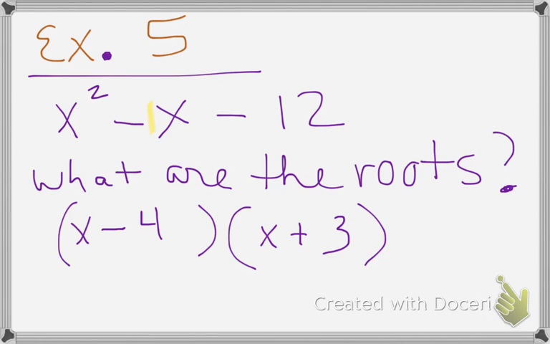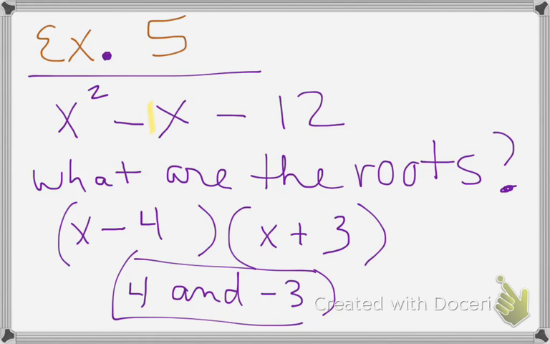These are the binomials that multiply to make the trinomial. What are the roots? 4 and negative 3. Correct, because you take the opposite. You set x minus 4 equals 0, add 4 to both sides.